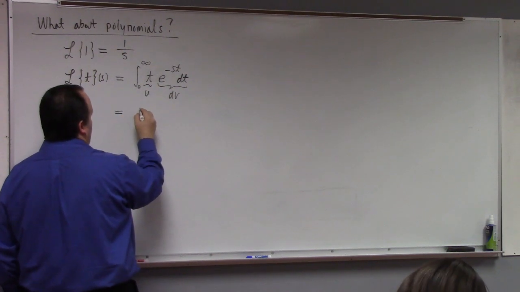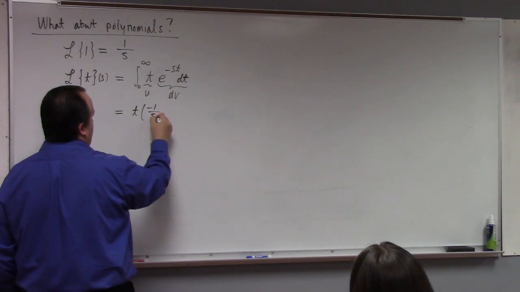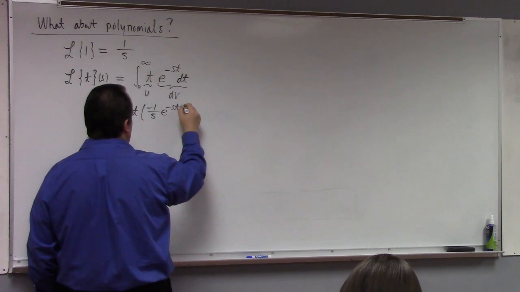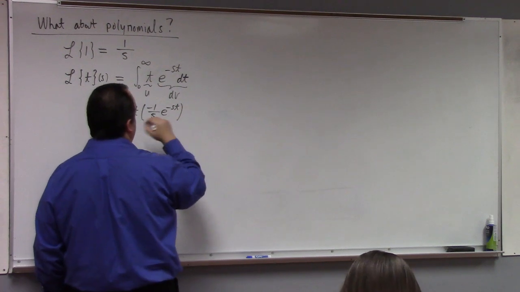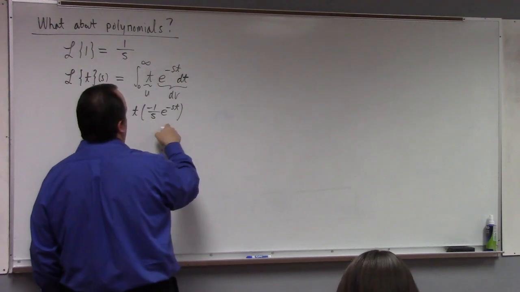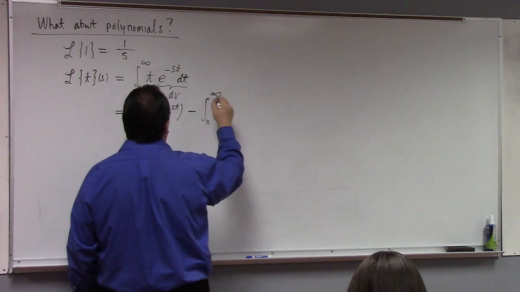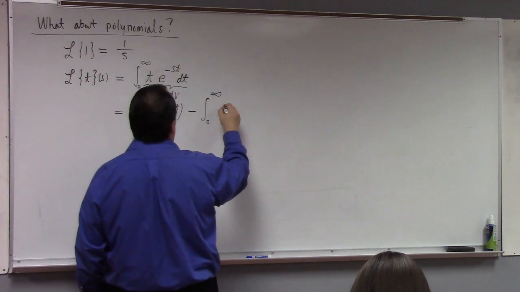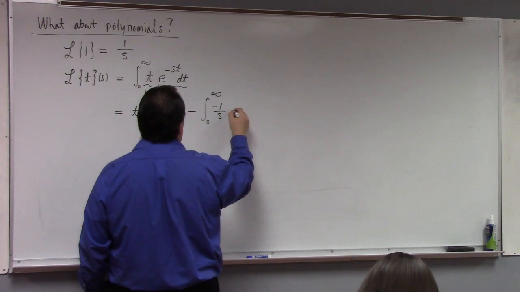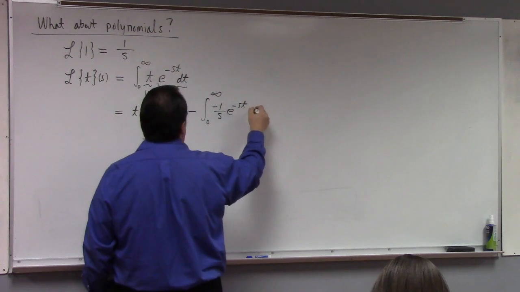So I've got t times minus 1 over s e to the minus st, that's uv, minus the integral from 0 to infinity of minus 1 over s e to the minus st times du, which is dt.